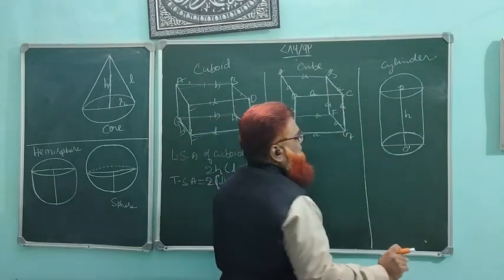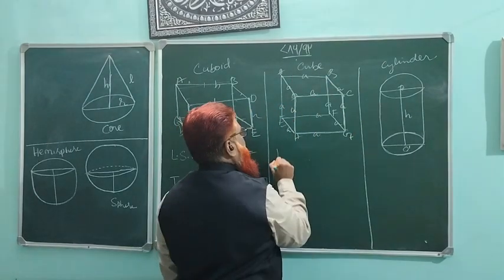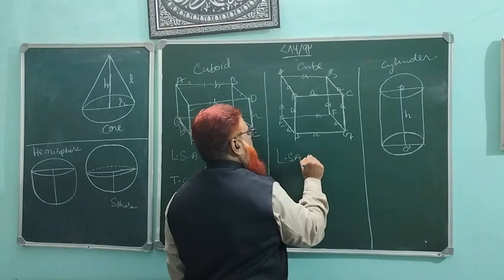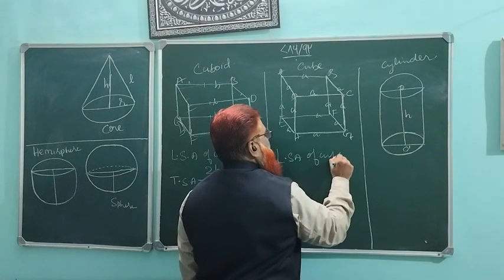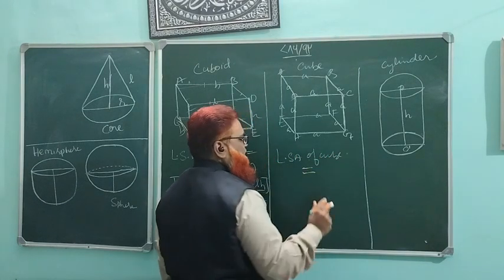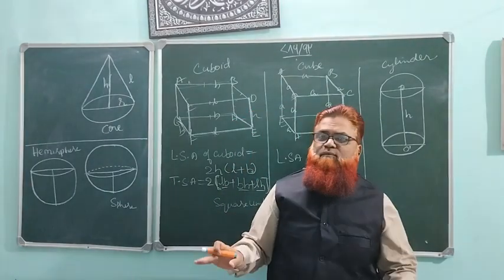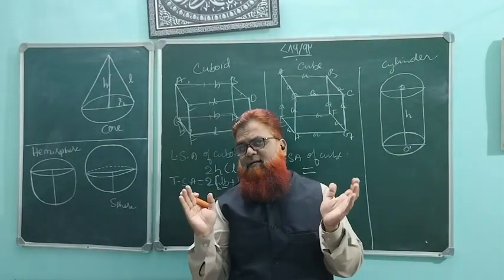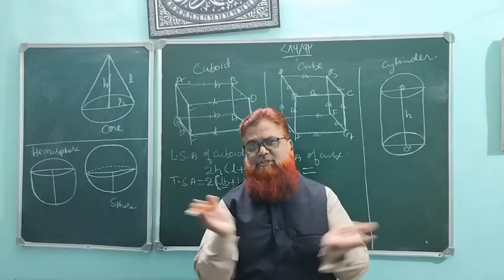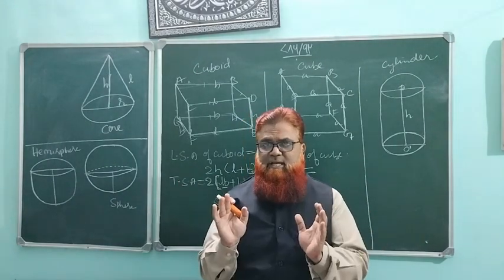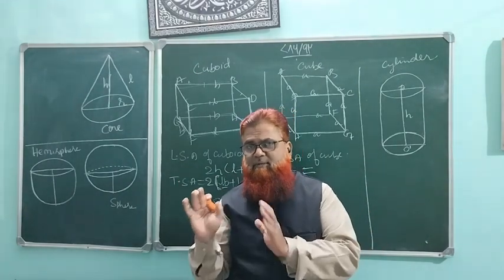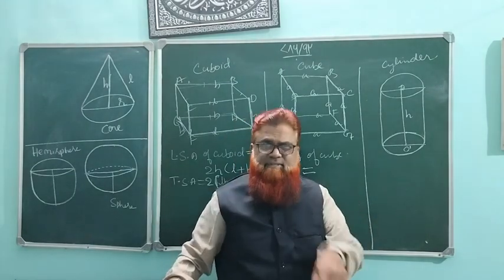Now similarly, LSA of a cube is equal to, I told you, lateral sides. For figures like a cylinder or a cone, we get a curved shape. Whichever figure is curved in nature, the surface is called the curved surface area.